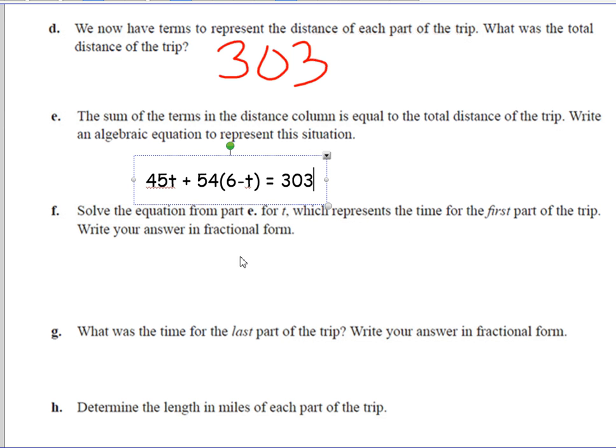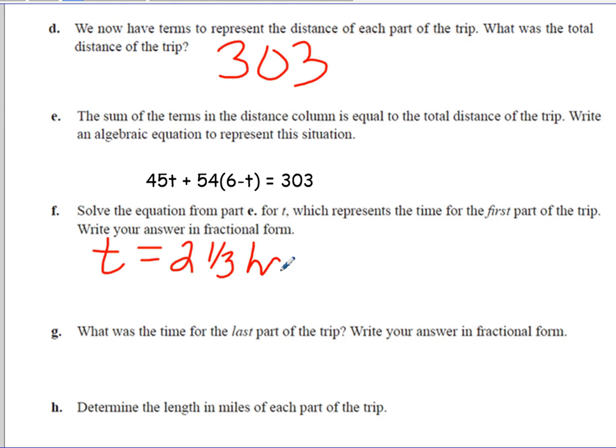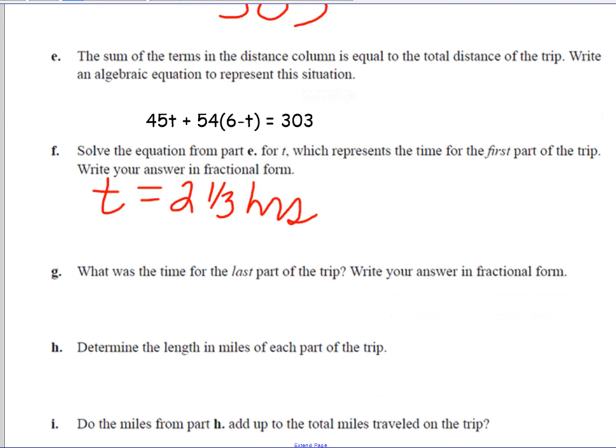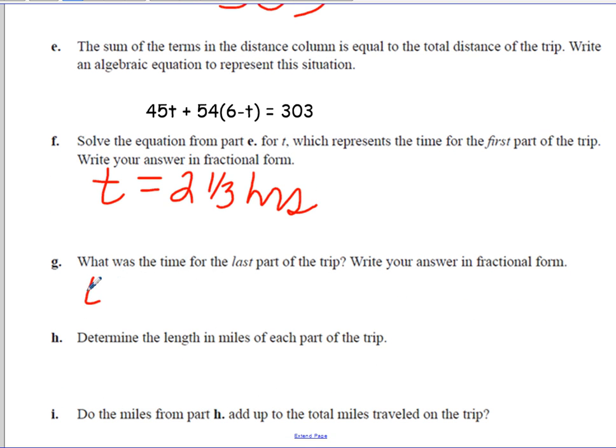And so we solved it for t, which represents the first leg's time. So t we saw was 2 1/3 hours. So remember, the time for the last part of the trip was t minus 6. We filled that in the charts.